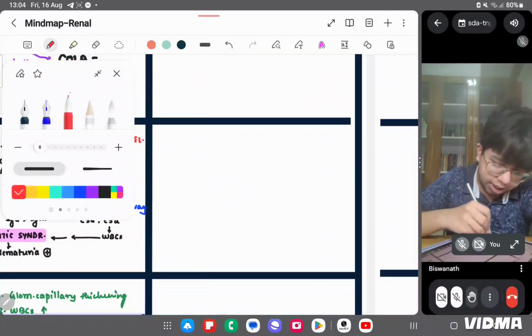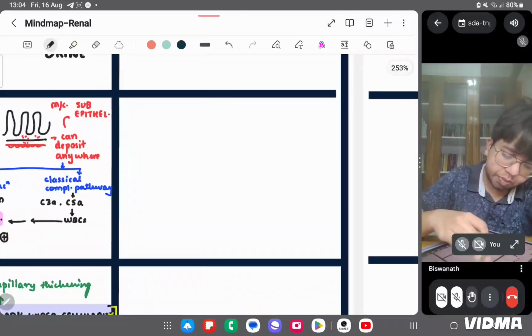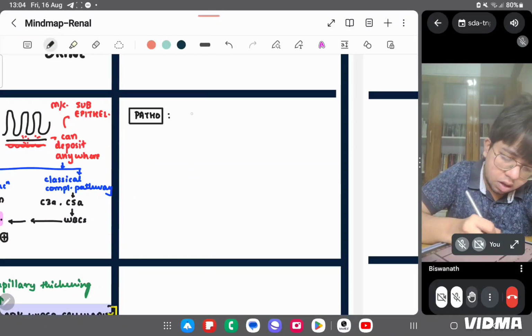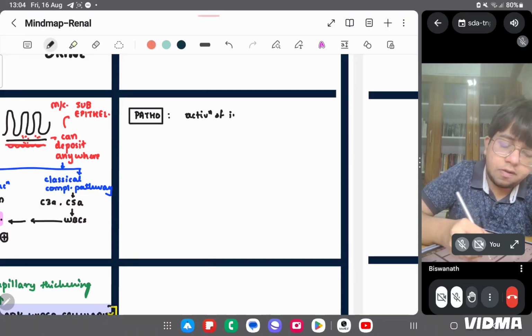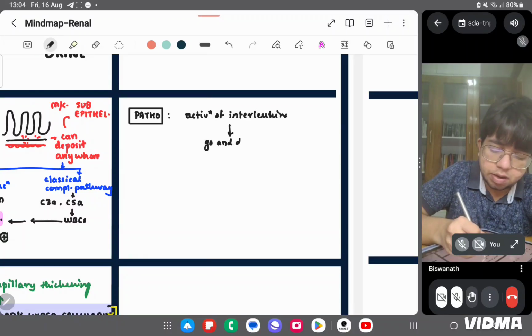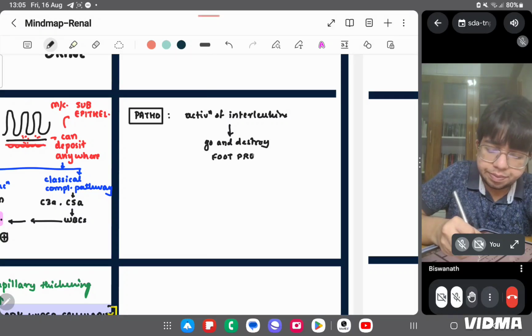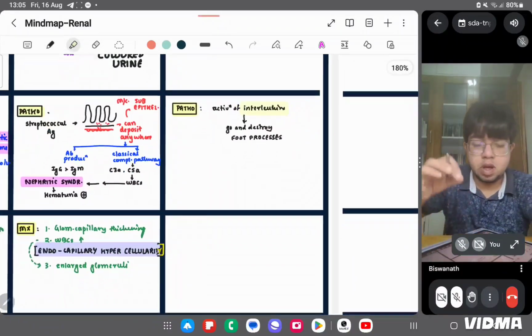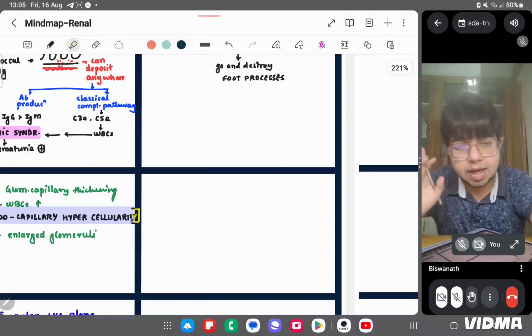So the pathogenesis is very easy: activation of interleukins, and these interleukins will go and destroy the foot processes. This is the basic pathogenesis.